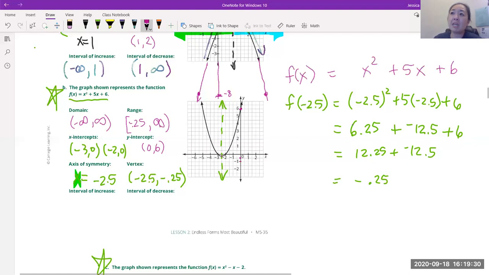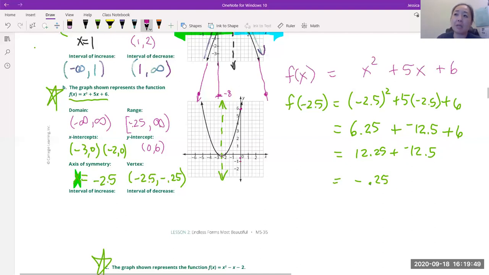From here, you can just plug it into your calculator. That's fine. If you want to subtract first, that's fine. I like to do my positive numbers first and then deal with my negative. So that's 6.25 plus 6, which is 12.25, plus -12.5.